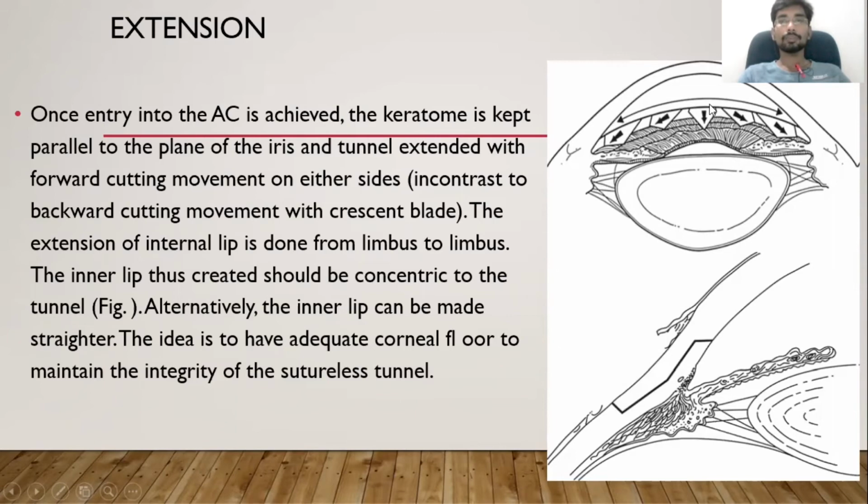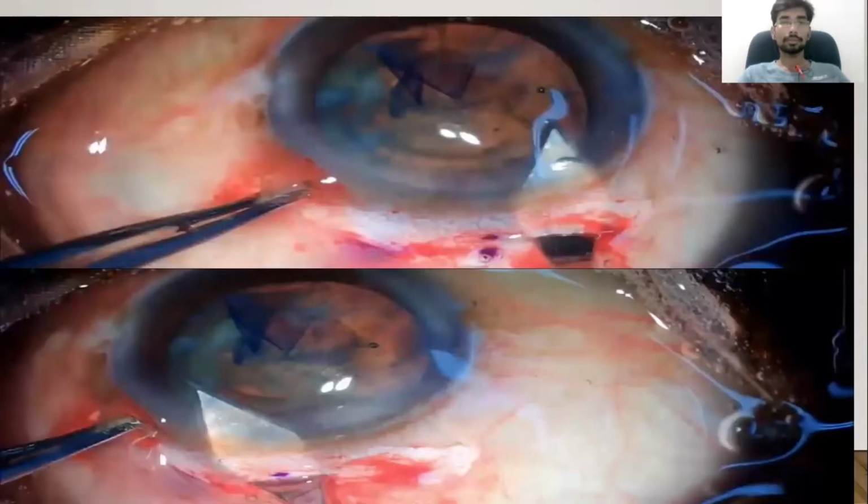So after the entry, keratome has to be kept parallel to the surface of the iris, and by the forward cutting movement we have to cut the sides. Here by the forward cutting movement we are cutting the crescent shape tunnel.